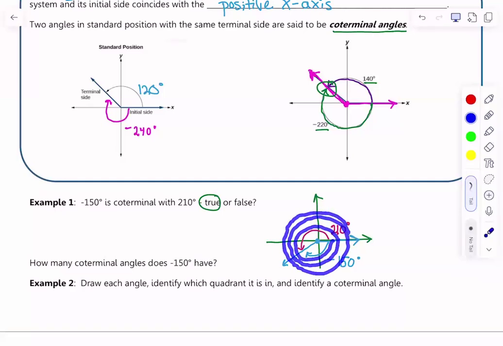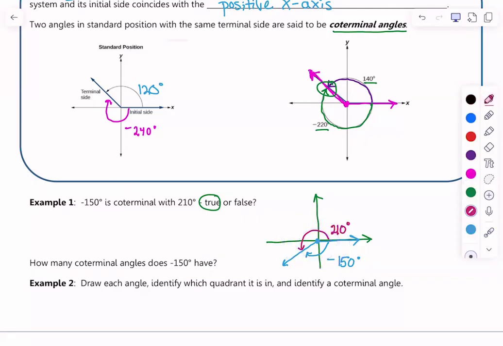And then I could also go counterclockwise. That's coterminal. And then I could go around the circle once and then go again, coterminal. So that's why this has infinitely many coterminal angles. There's no stopping us. We can keep going around the circle as many times as we'd like.